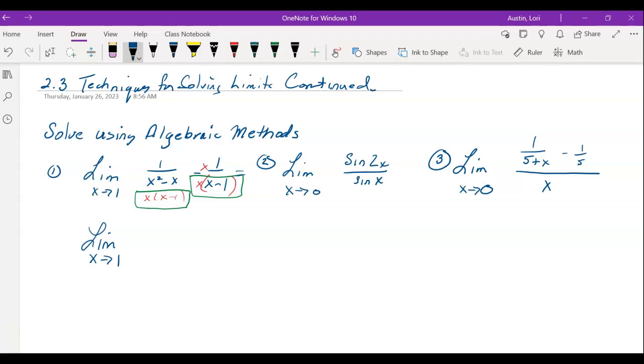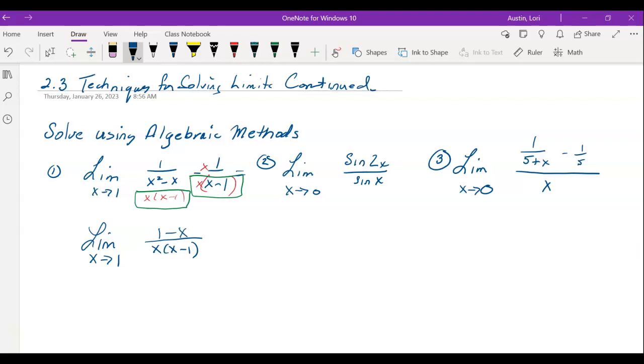You take the time to write that, okay? So now I have this common denominator of x times x minus 1. And what do I have in the numerator now? 1 minus x times 1, right? So we see it's 1 minus x.